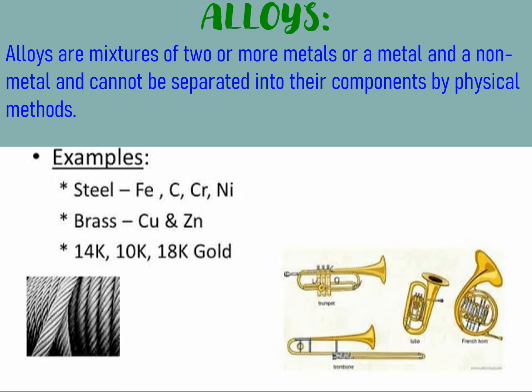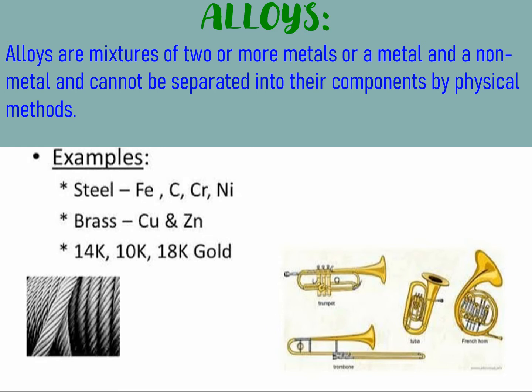Steel is another example. For example, you can see gold, and you know that there is 14 karat, 10 karat and 18 karat gold. 24 karat gold is the purest one, having 99.9% purity.